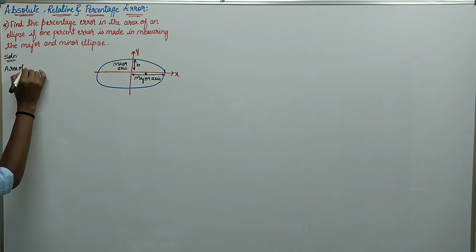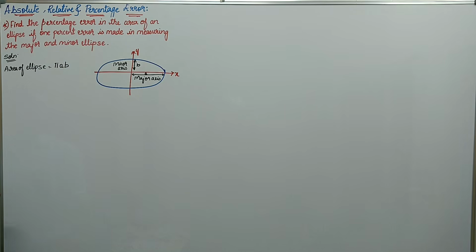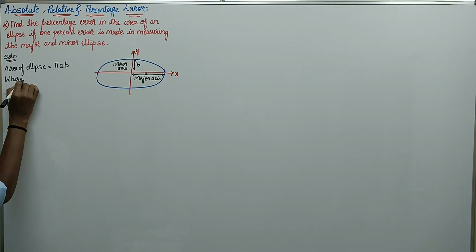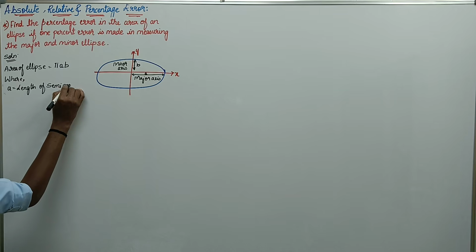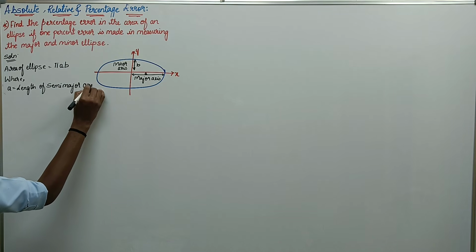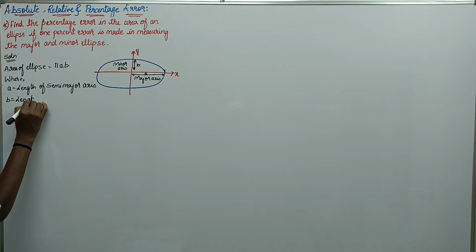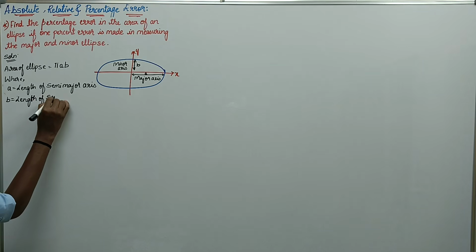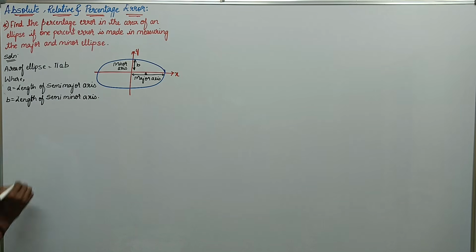Area of the ellipse is given by pi a b, where small letter a represents the length of the semi major axis and b represents the length of the semi minor axis.